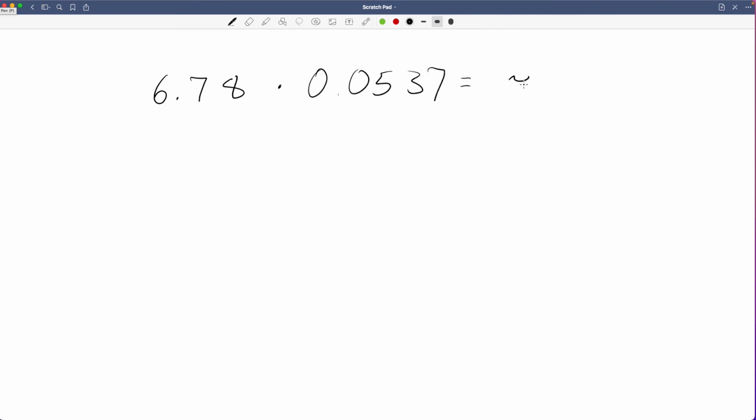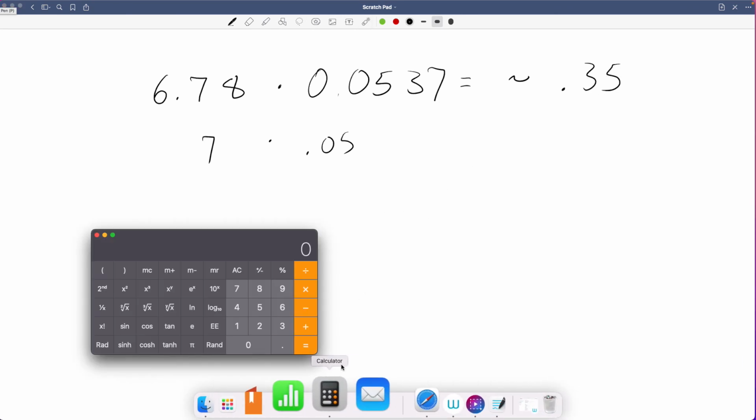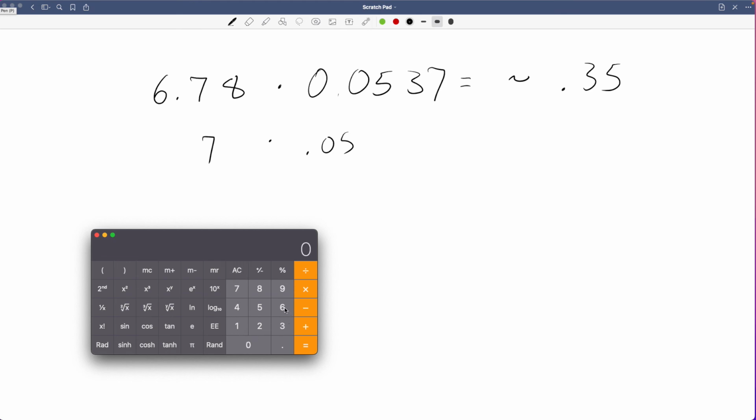Now when I do the math and check my work, I find the actual answer to 6.78 times 0.0537 is 0.36. So approximately 0.35 is very close to 0.36, which, if we rounded to two decimal places, we would leave at 0.36 because 4 does not round this up.